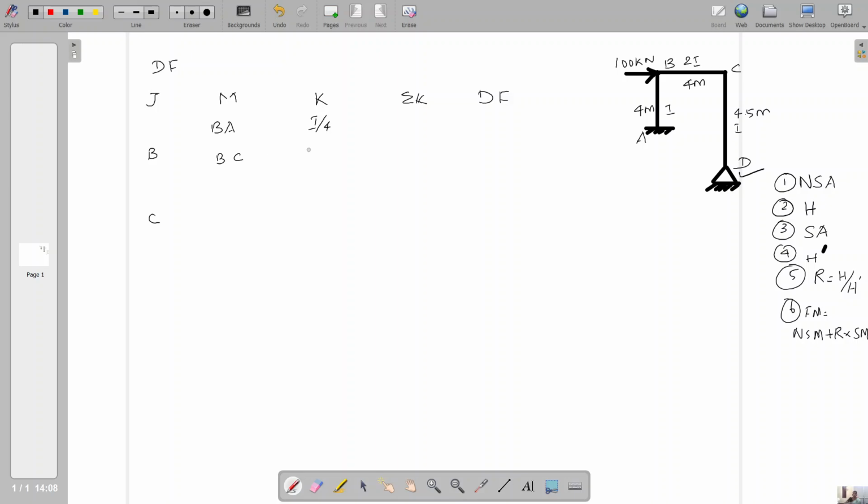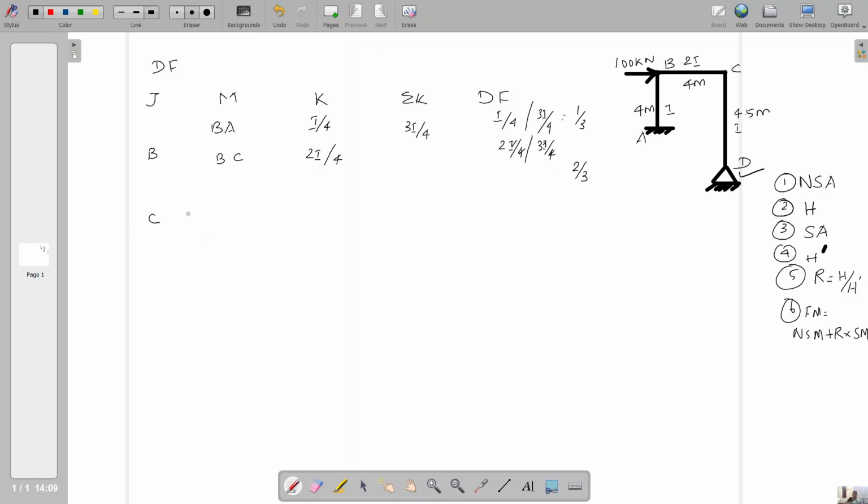So it is also I by L, but I is 2 times I, as given in the problem. So totally 3I by 4. If you divide the relative stiffness by the overall stiffness, you will get 1 by 3. If you deduct 1 minus 1 by 3, you will get 2 by 3 for the other member. Anyhow, let us check: 2I by 4 divided by 3I by 4. If you cancel 4 and 4, I and I, you will get 2 by 3.